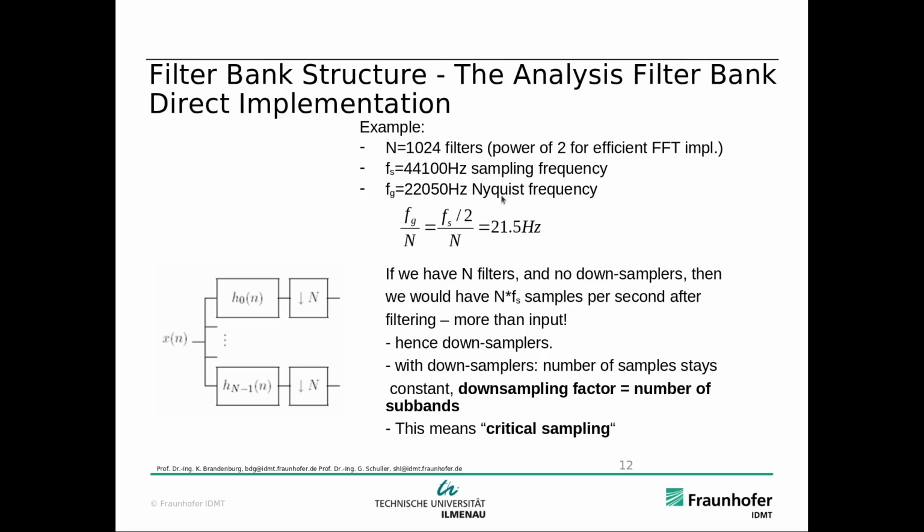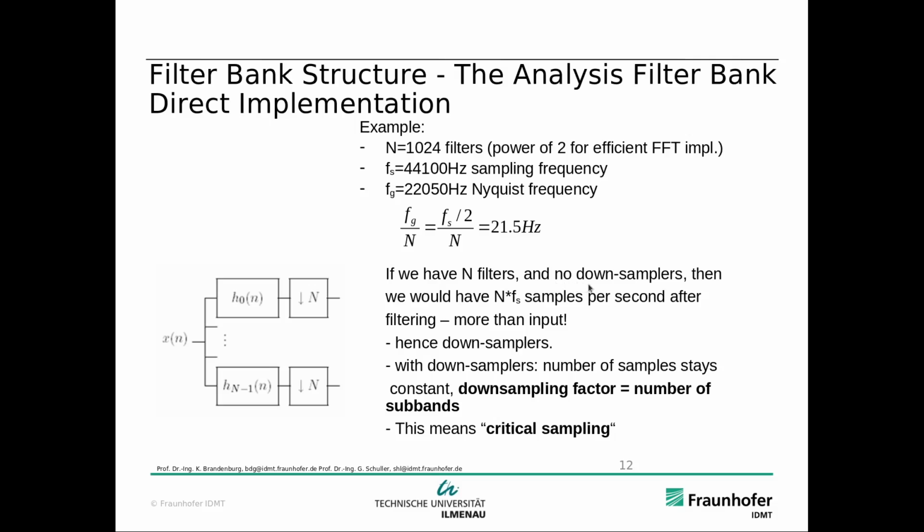It's a strict upper limit, so it's not included. So for this sampling frequency, maybe we can go up to, say, 18, 20 kilohertz, because we need a safety distance to the Nyquist frequency, because we have non-ideal filters, as we will see.